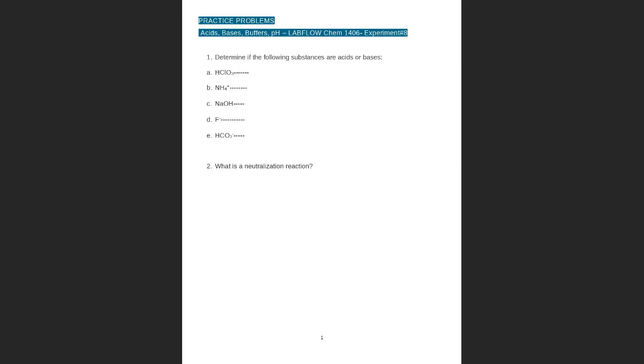How do we recognize that A is an acid? Because it has an H as the cation. So then you are going to say that this is an acid.